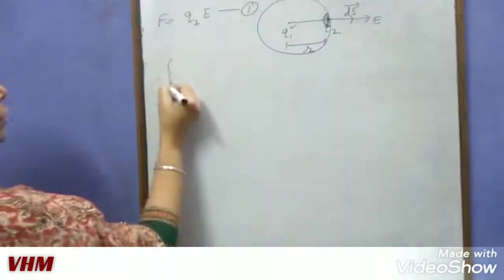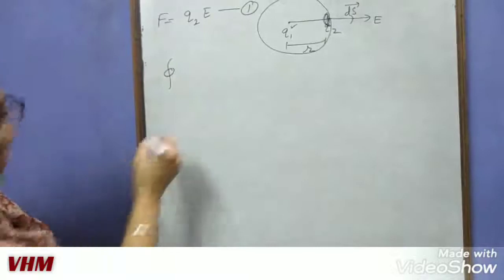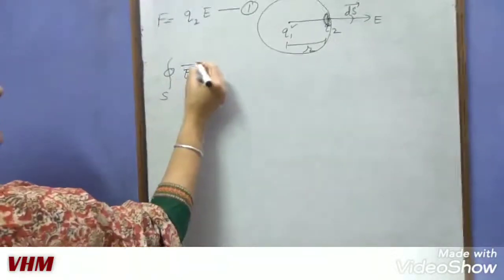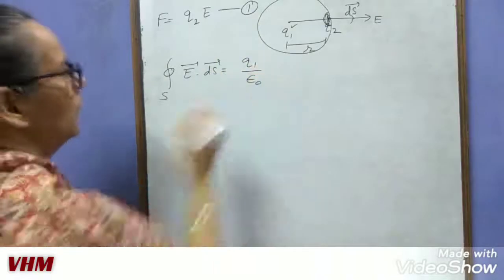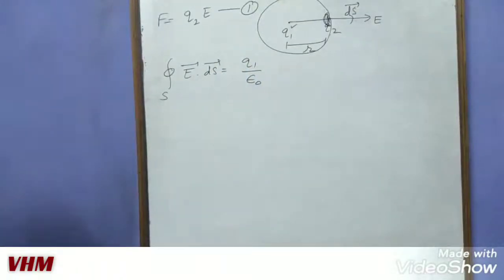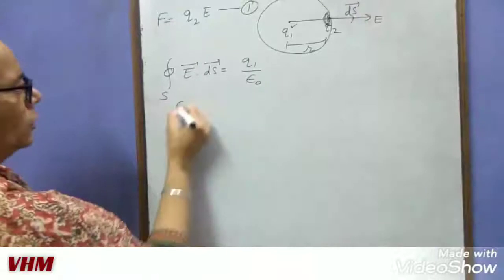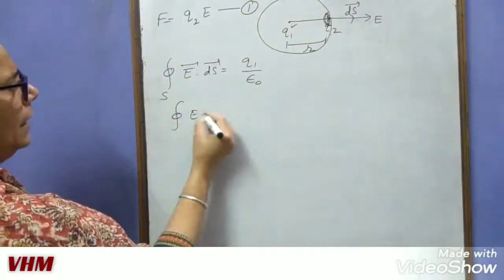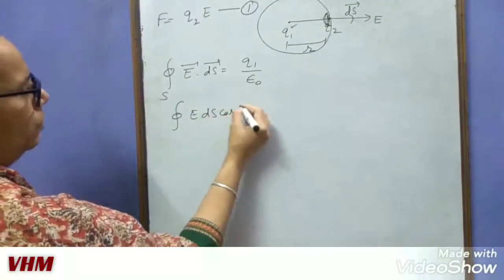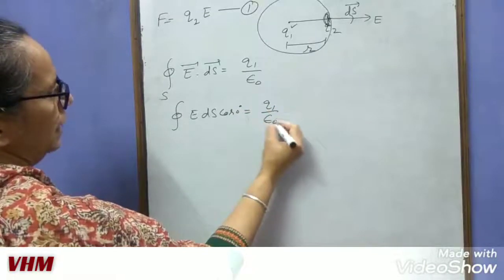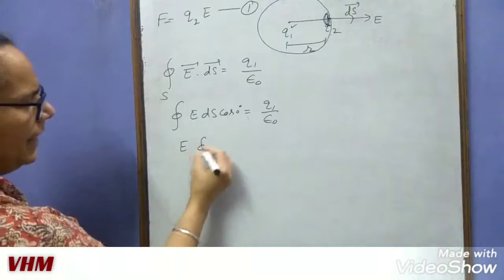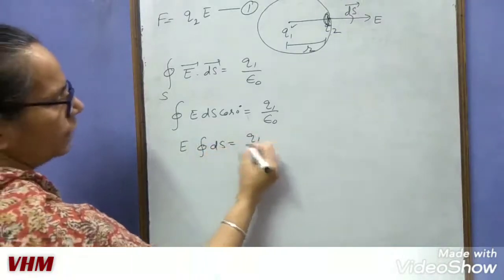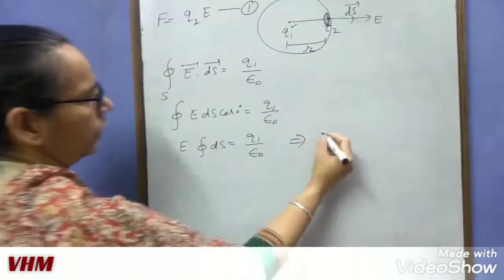Now according to the Gauss theorem, the surface integral E dot ds vector is Q1 upon epsilon naught. And now they are both in the same direction. So this is E ds cos 0 equals Q1 over epsilon naught. And here E ds equals Q1 over epsilon naught. What did we get?